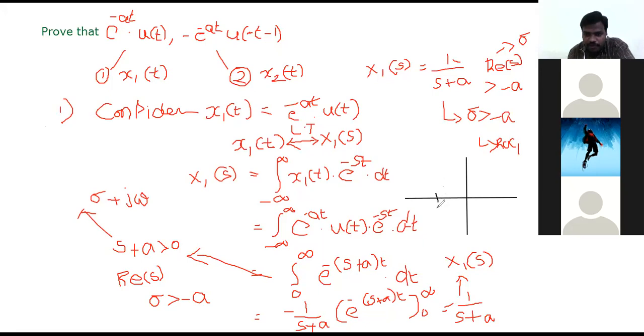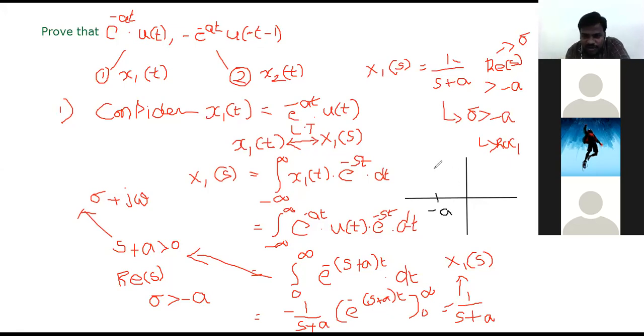If I take this point as minus a, then by seeing this region of convergence, you must select the real part of s greater than minus a.